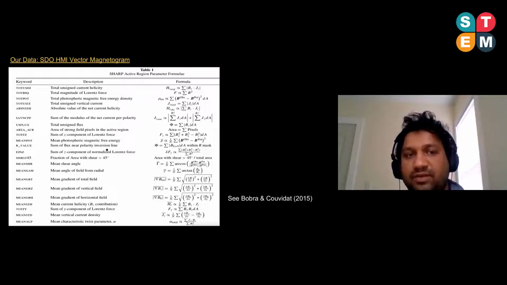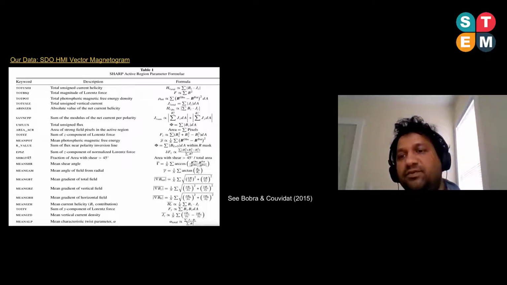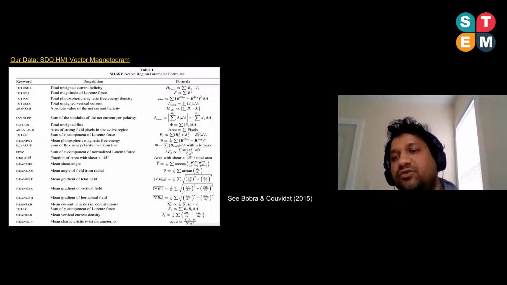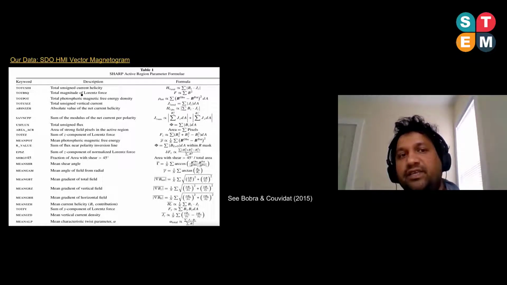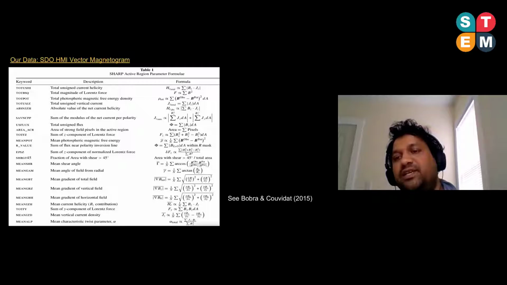These are different magnetic parameters which we extracted from the vector magnetogram. In the previous data set, we know which active regions produced flares and which did not. So we now have all the parameters, and we also have the target label. Based on this past data set, we will train the computer.